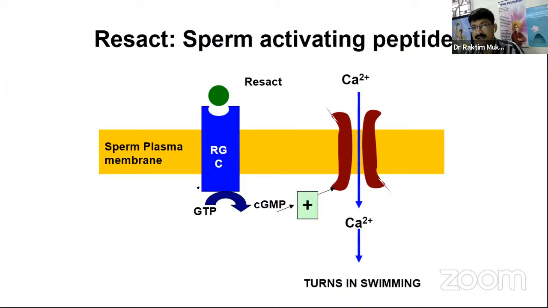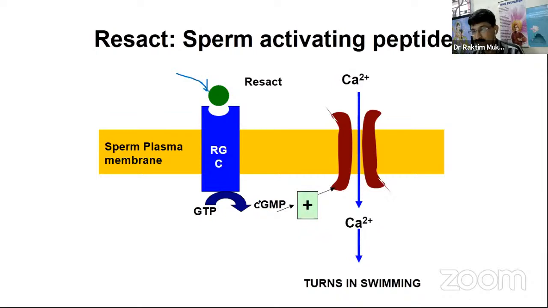So we have a sperm plasma membrane. On this sperm plasma membrane, you have the resact receptor. The resact will bind to the resact receptor. Once resact binds to the resact receptor, there will be conversion of GTP to cyclic GMP.